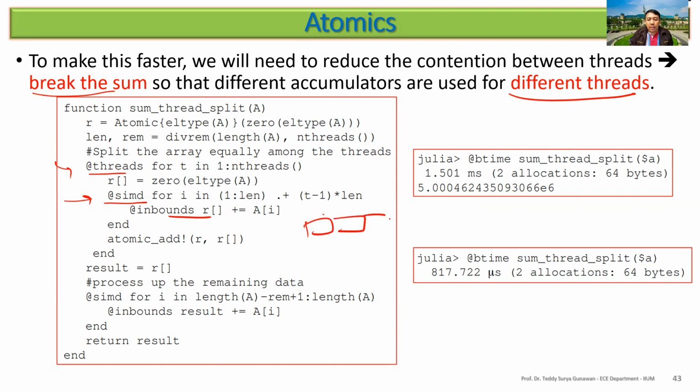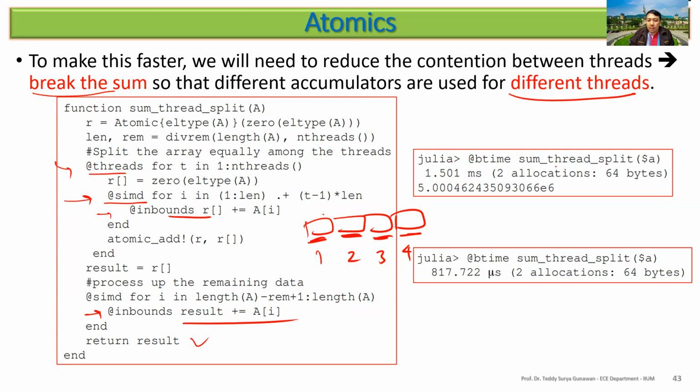You are dividing the array: sum for thread number 1, sum for thread number 2, sum for thread number 3, sum for thread number 4. After they finish, you need to add again, and I put inbounds here to make it faster, because it will not go beyond the buffer size. Then return the result.